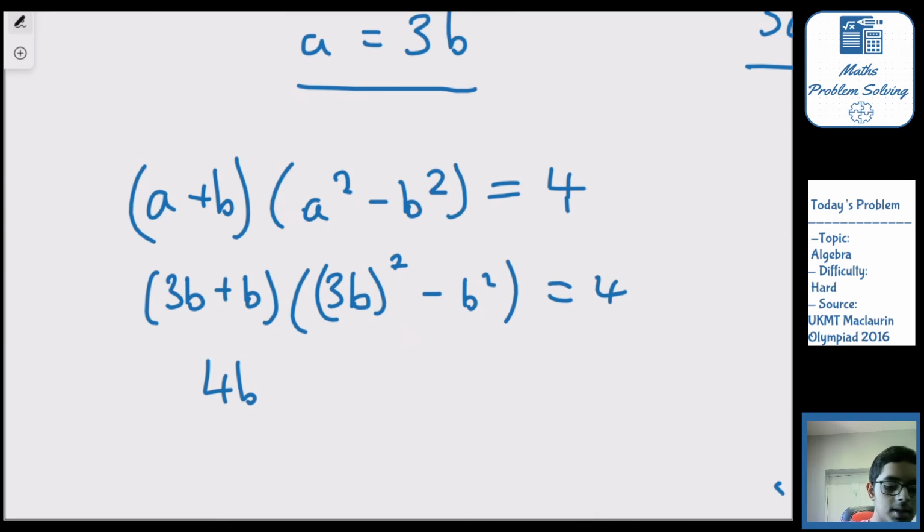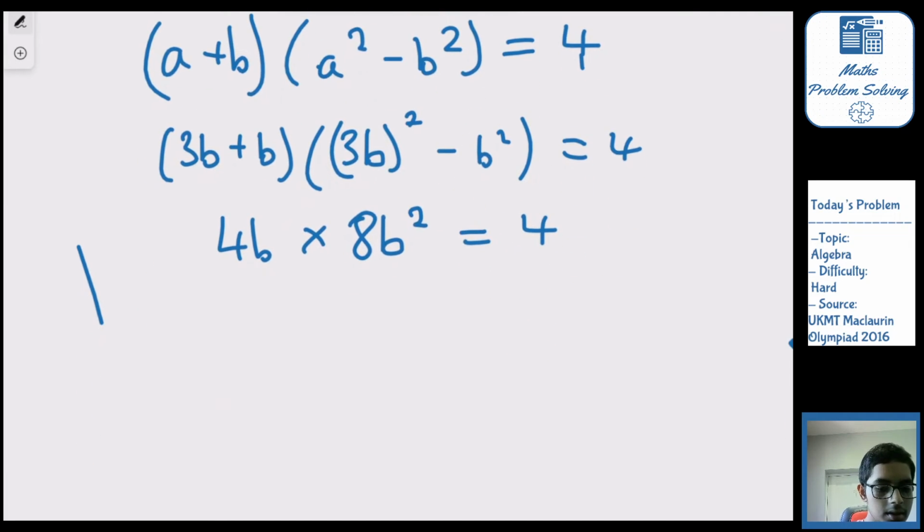So now let's just write this a bit more simply. So 4b times 3b all squared is 9b squared. So we can write this as times 9b squared minus b squared, which is 8b squared. And all of this equals 4. Okay, hang on. Before we divide through by 4, let's write this as 32b cubed equals 4.